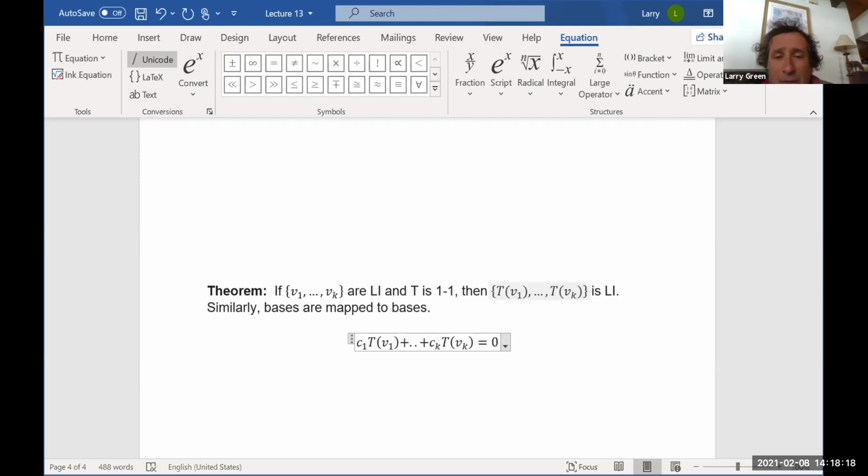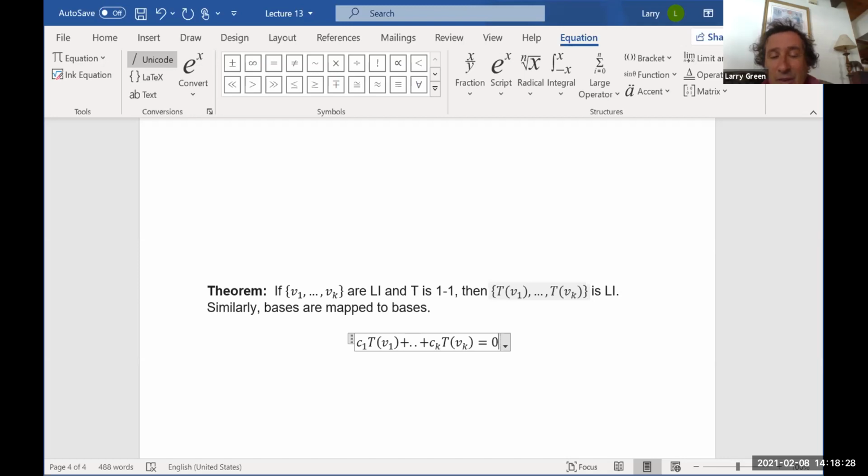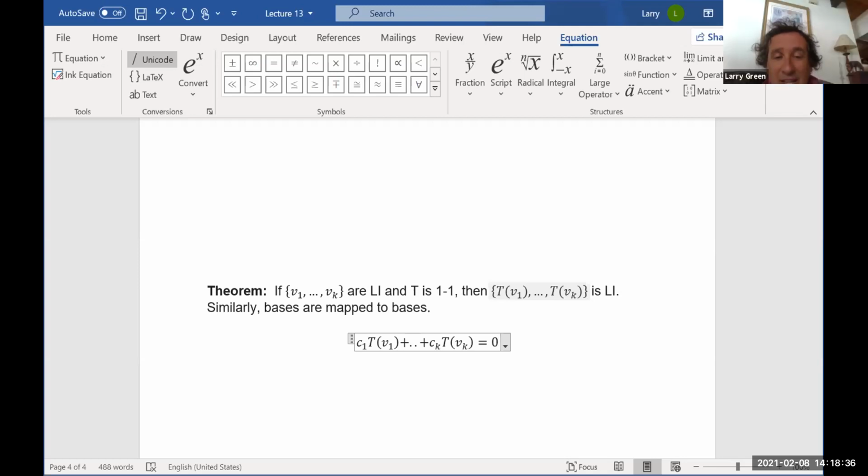And what's our goal, by the way? What are we trying to show? T doesn't even go in there when the goal has nothing to do with T. We're trying to show that all the c's are 0: c1 equals 0 all the way up to ck equals 0.